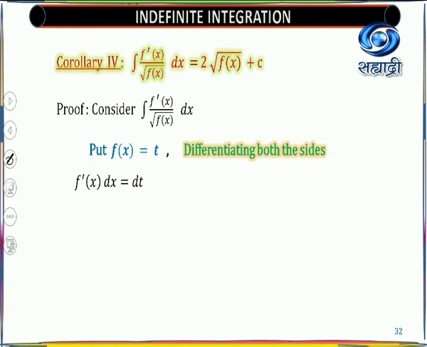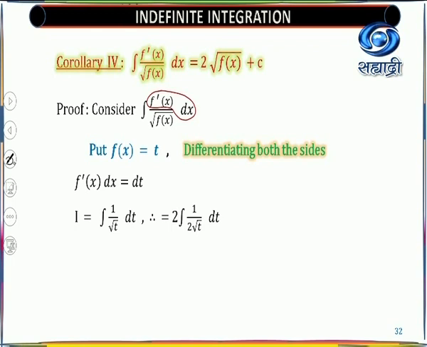Now f dash of x dx equal to dt, that means the complete numerator becomes dt. By substitution your integration becomes I equal to integration of 1 upon root t dt. Now once you know 1 upon root t, you know the adjustments.